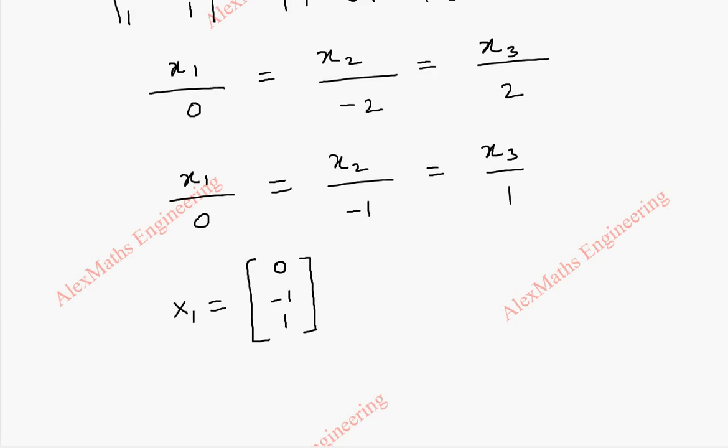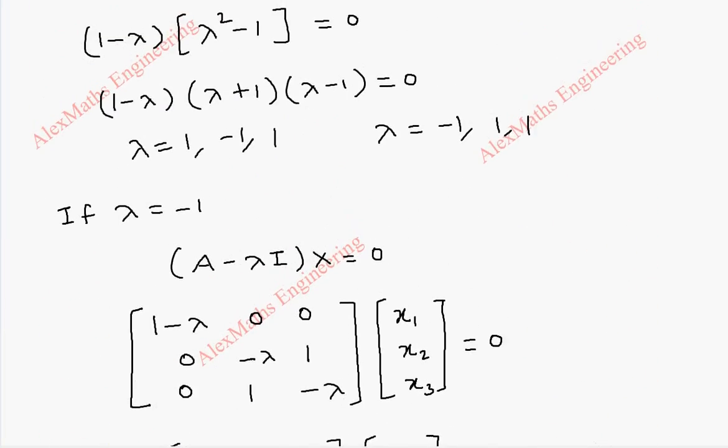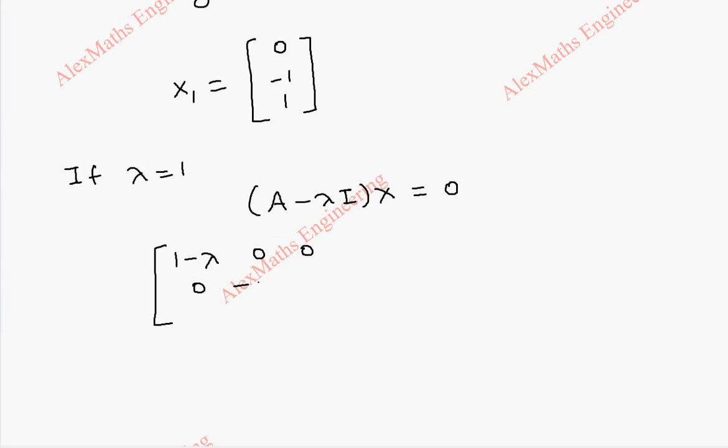Now for the next lambda value, we are going to find the eigenvector. The next two values are 1 and 1. So let's take lambda equal to 1. Again, as usual, A minus lambda I into x equal to 0, and A minus lambda I will become 1 minus lambda, 0, 0, 0, minus lambda, 1, 0, 1 and minus lambda.